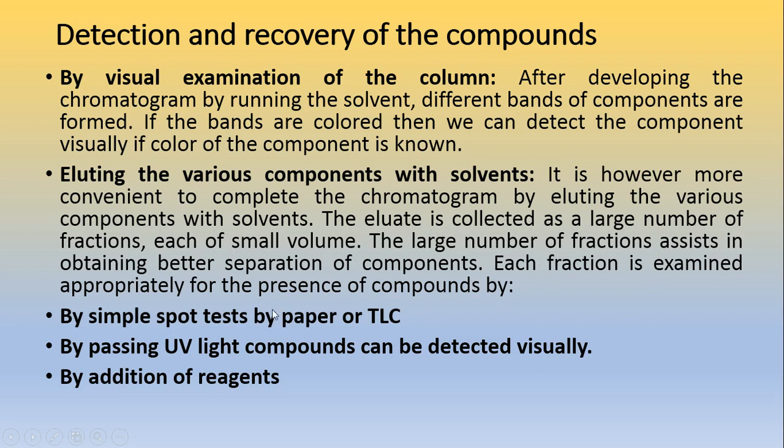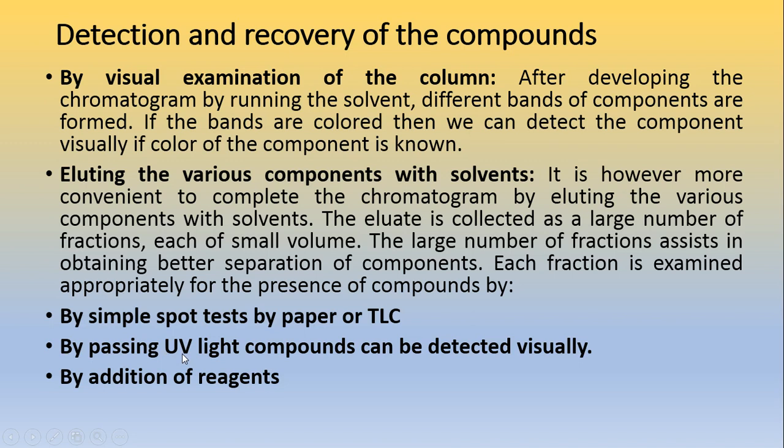Each fraction is examined appropriately for the presence of these compounds by TLC method. So using this thin layer chromatography, we can check our compounds which are present in these fractions. Also, these compounds could be detected visually using this UV light.